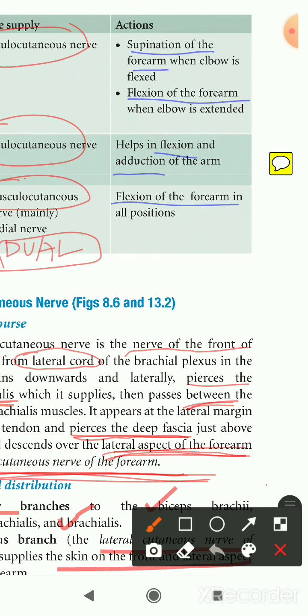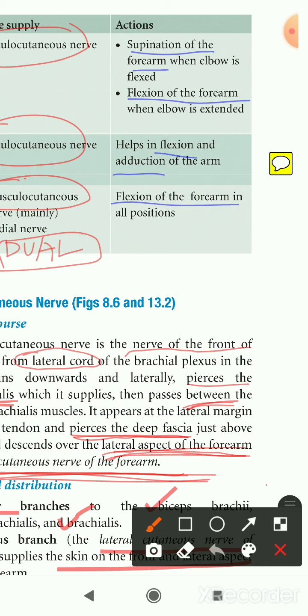And what is the function of the coracobrachialis? As it is a muscle of the anterior compartment, almost all the muscles in the anterior compartment of the arm or forearm cause flexion, because the anterior compartment of the arm and forearm is called the flexor compartment.